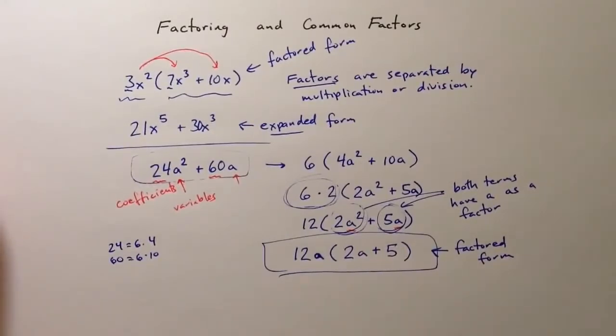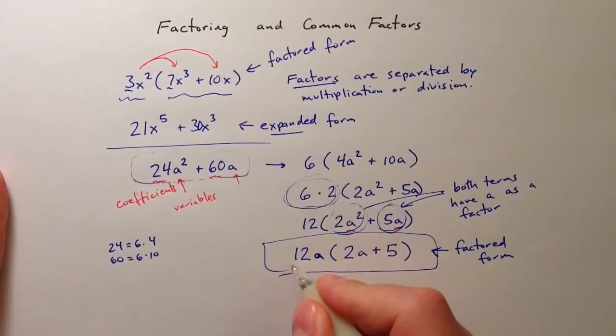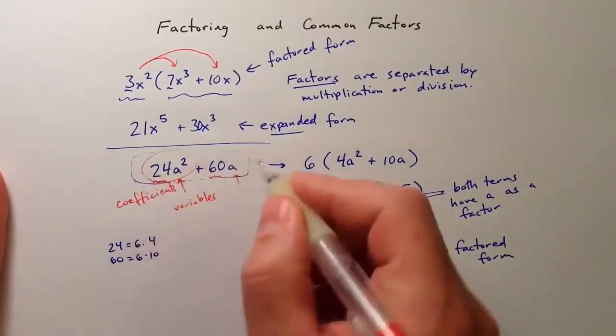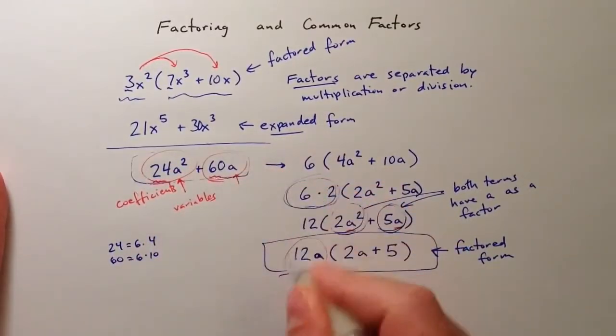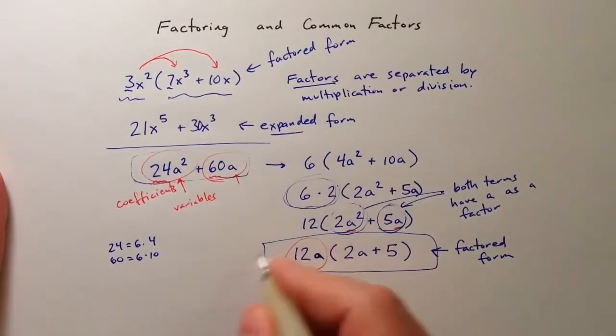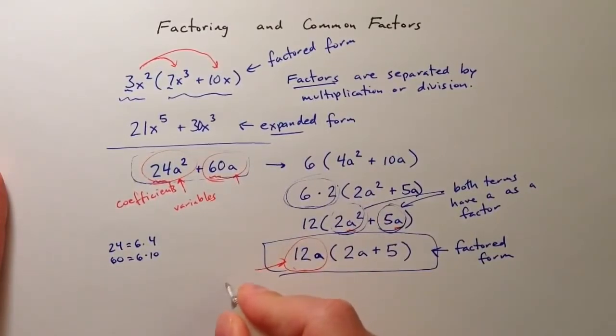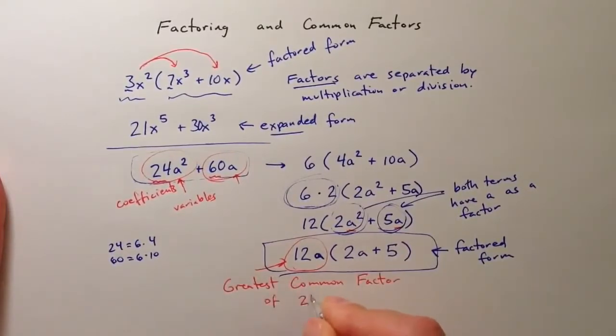So the idea of a common factor becomes important. If I look at these two terms, the 12a represents a common factor, and in fact it's called the greatest common factor of the two terms that I started with, 24a squared and 60a.